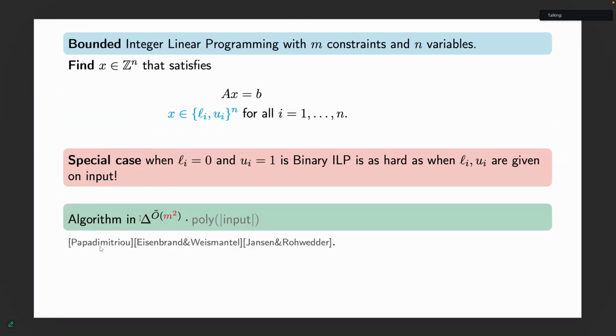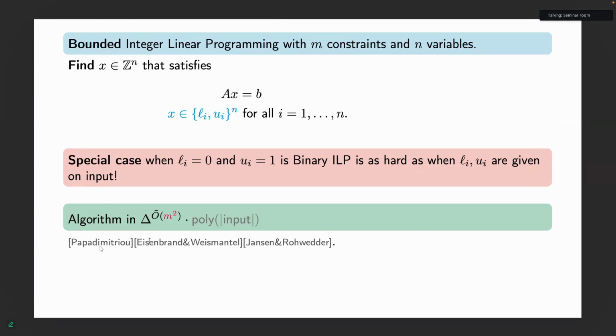The best running time currently known is delta to the m squared. It's really surprising that that's the state of the art. It's because arguments like the pigeonhole one don't work; the Steinitz-type theorem stops working in this case, and we don't know how to get anything better than delta to the m squared.